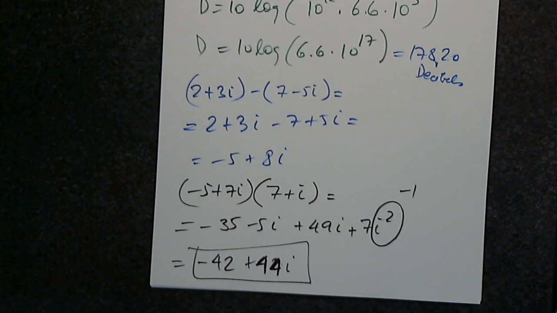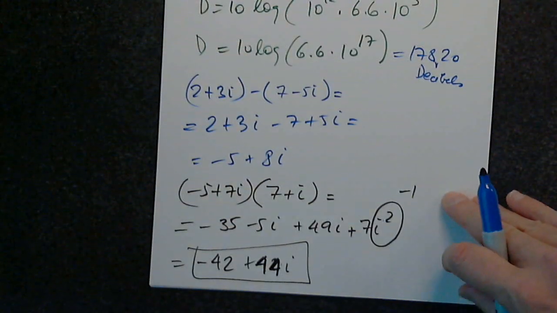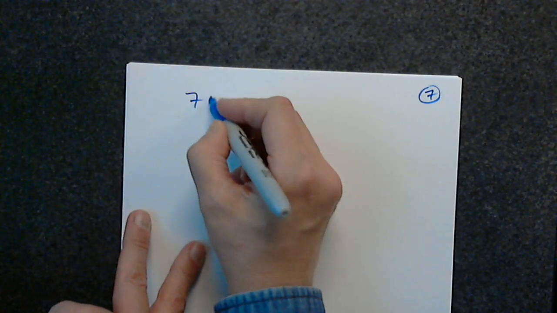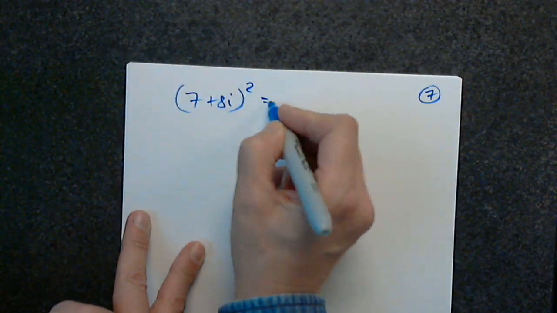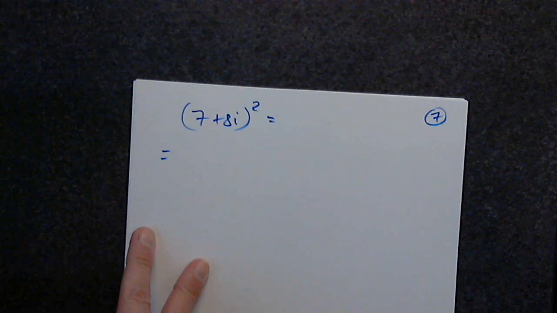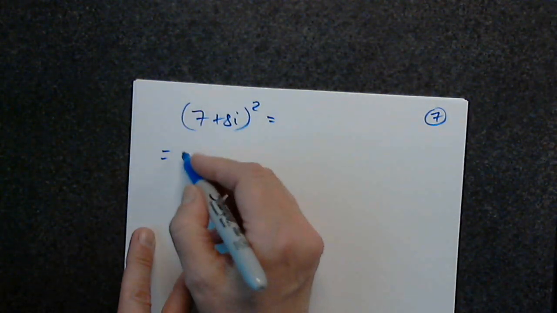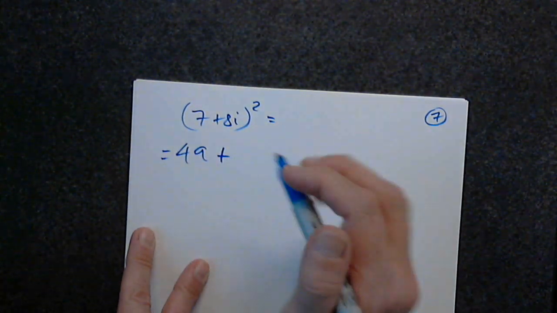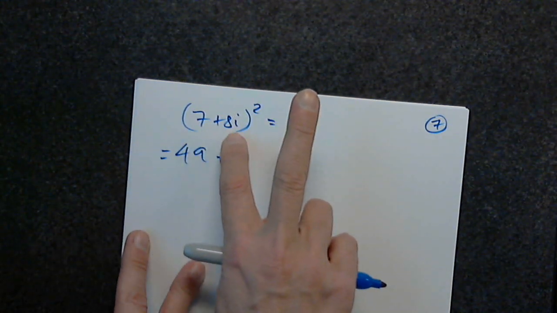Another product, another product, another product. Okay, how do we square? Let's also think about this one. 7 plus 8i squared. Remember, we have to get three terms. The first term squared plus 2 times the first times the second.